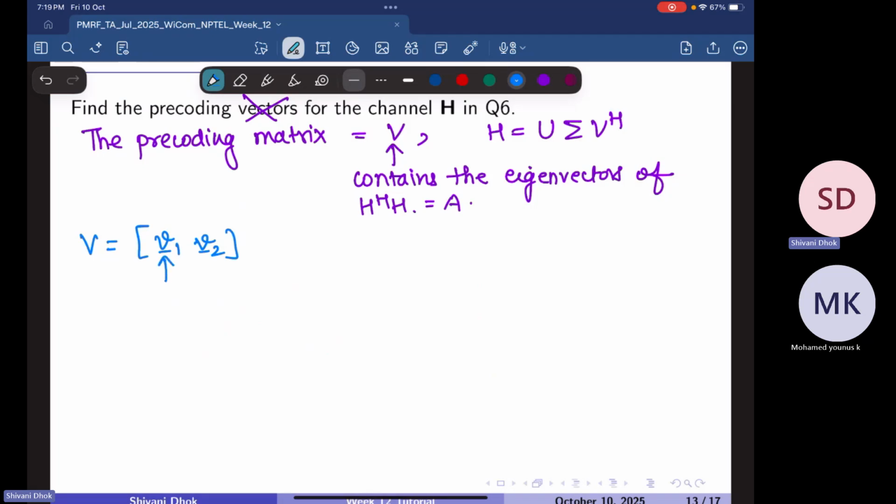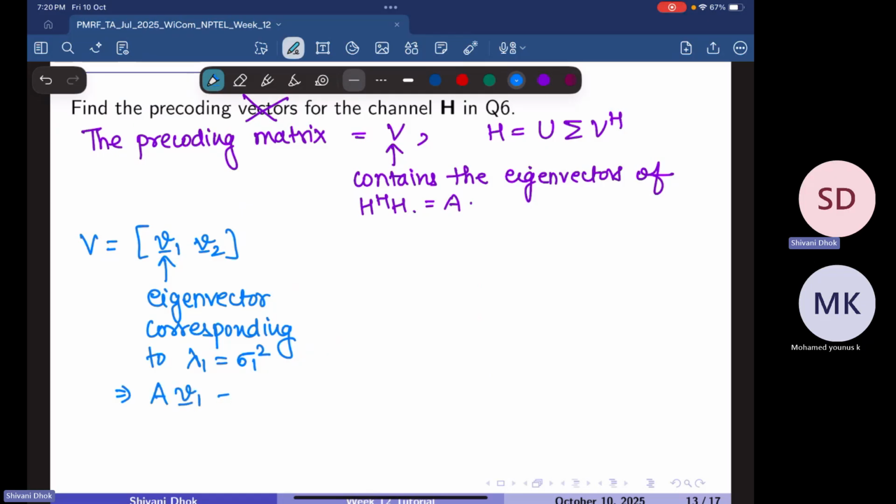And this V1 is the eigenvector corresponding to lambda 1 equal to sigma 1 square, which means that it will satisfy A V1 equal to sigma 1 square V1.